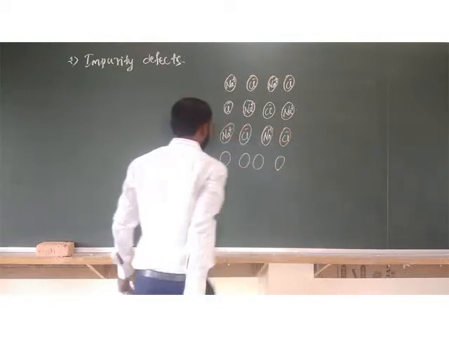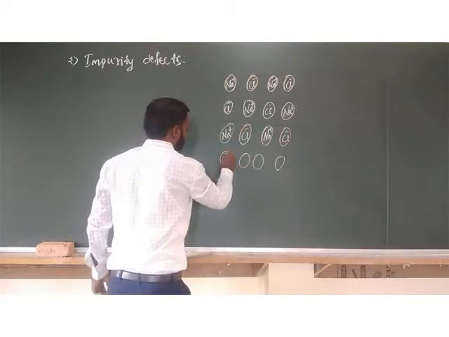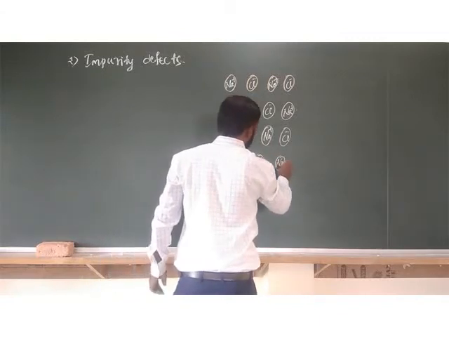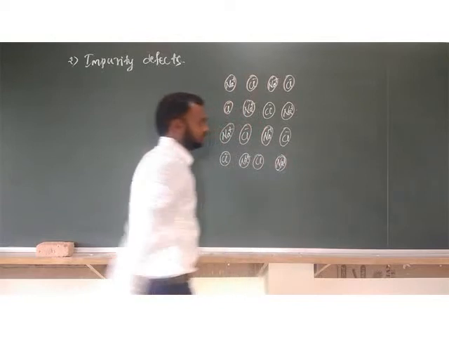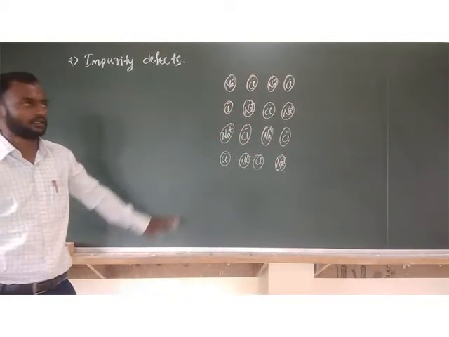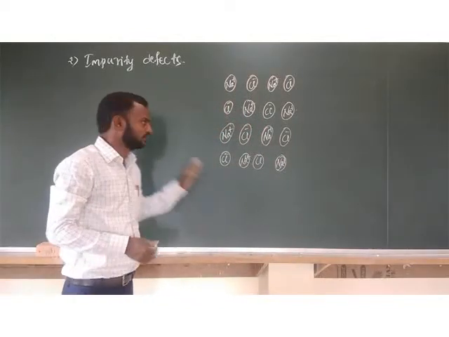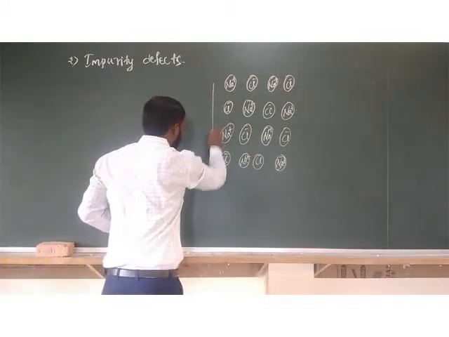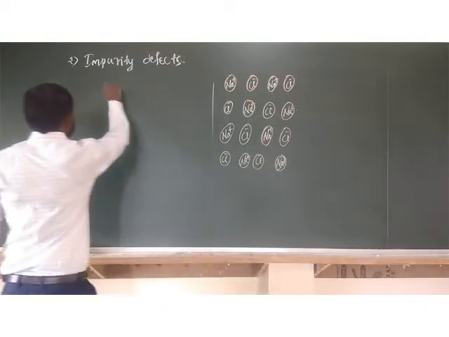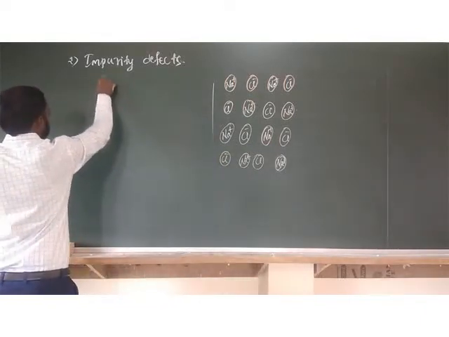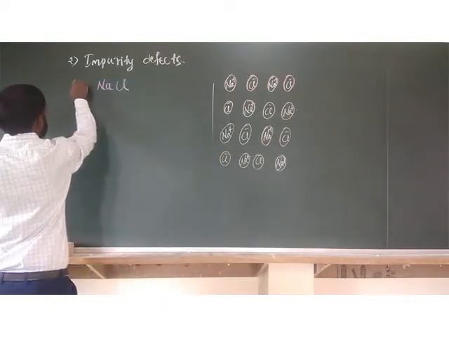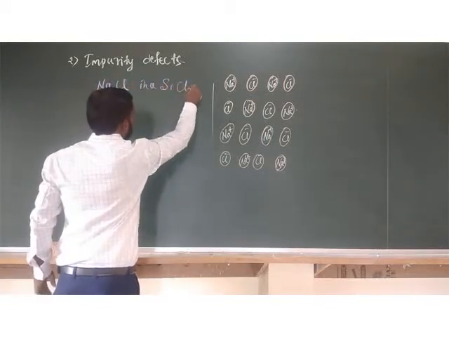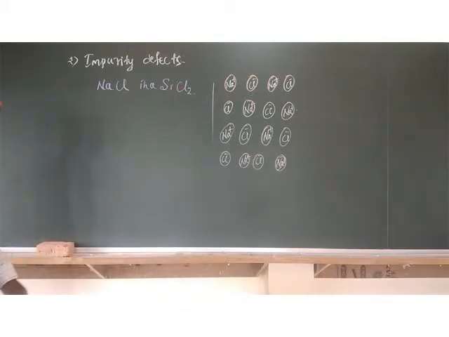These are the constituent particles of a crystal lattice. In this crystal lattice, let us take the example of sodium chloride NaCl and strontium chloride SrCl2.